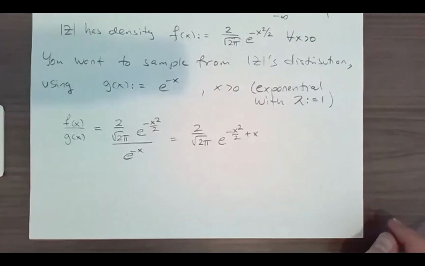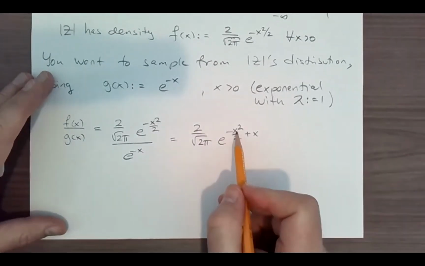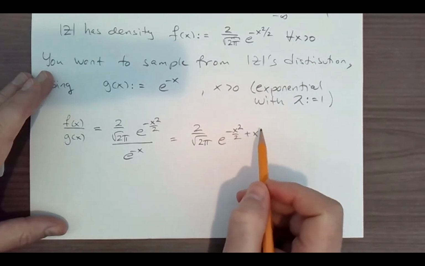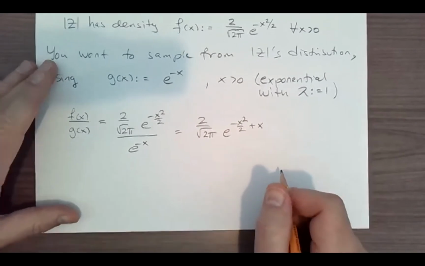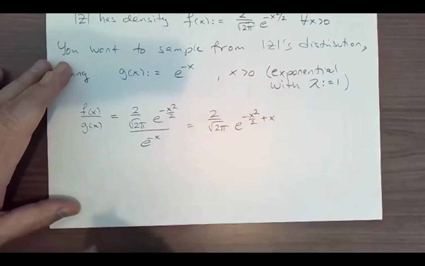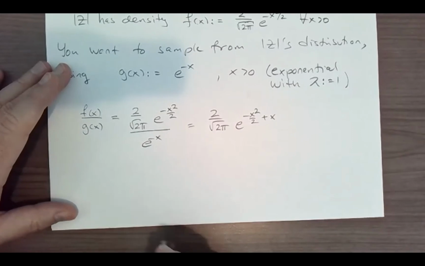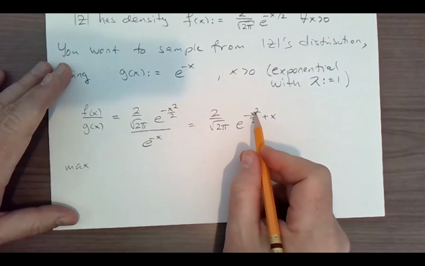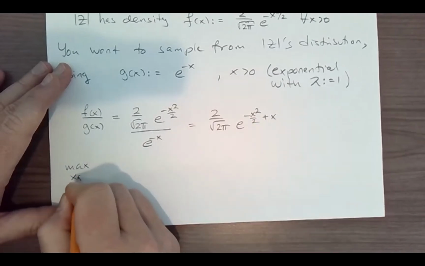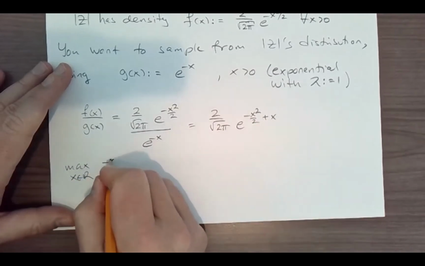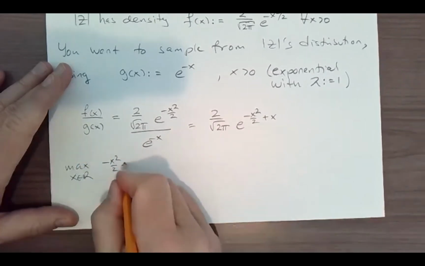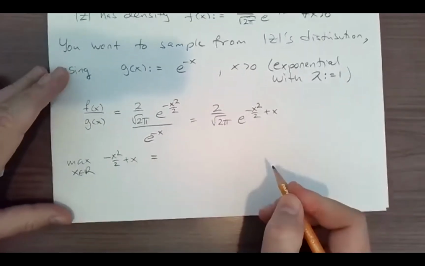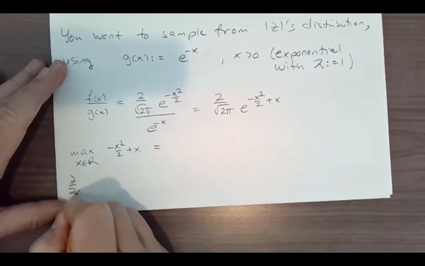Is this thing bounded? And yes, it is, right? Because x squared is going to grow faster than x, and it has a minus sign. So this thing is bounded, but how big can it get? So if I maximize over x what's inside here, minus x squared over 2 plus x, what is that equal to? I'll take the derivative and put it equal to 0.